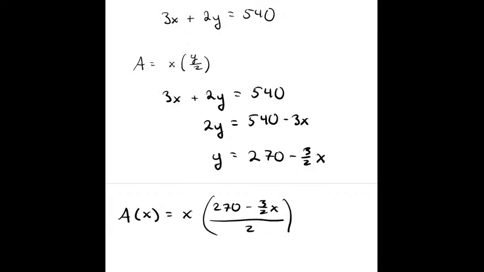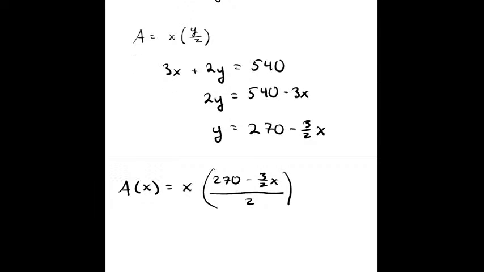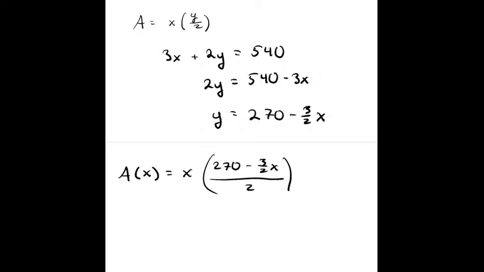So we have a fraction within a fraction. Let's use keep, change, flip to simplify this fraction down some. So this is going to be equal to x times, dividing by 2 is the same as multiplying by a half. So we can multiply each term in the top by a half. Half of 270 is 135, and then the 3 halves turns into 3/4 x.